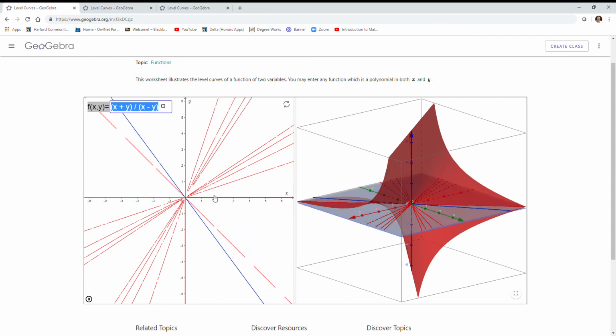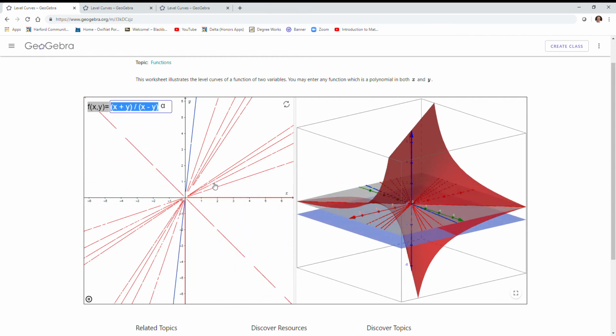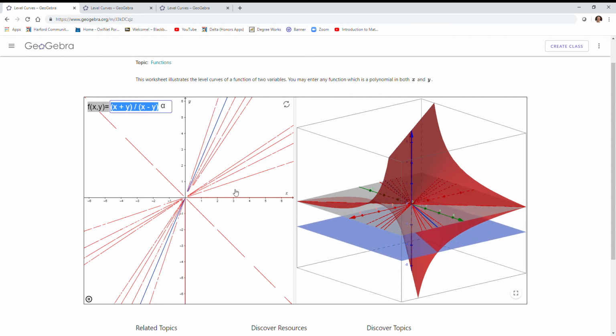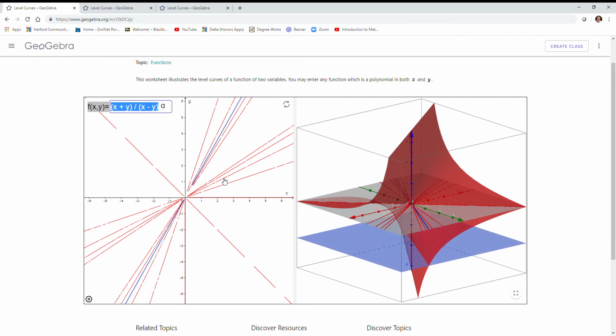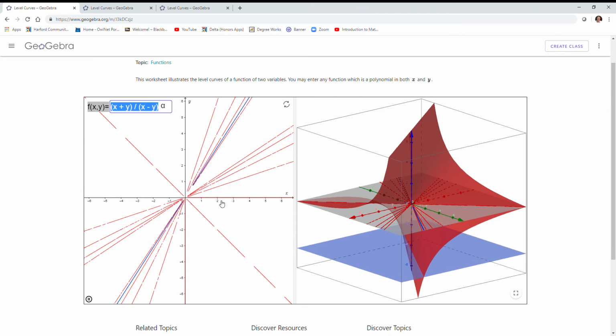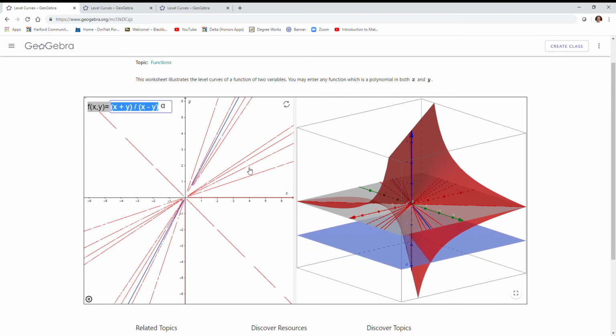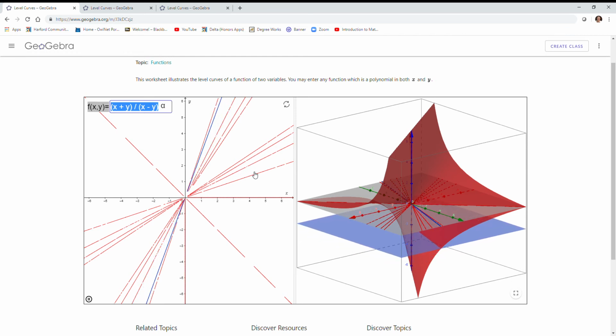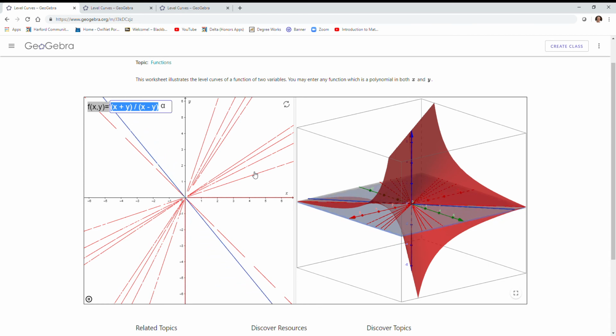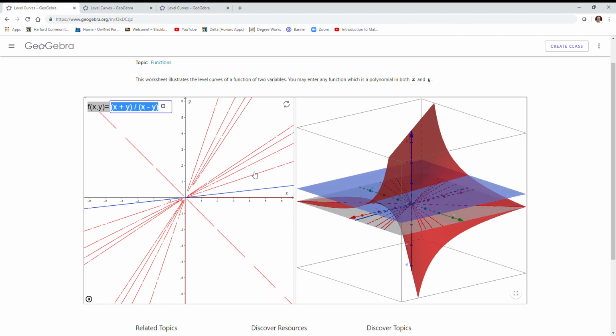And I think those spaces are essentially some of the points where x minus y is 0, in other words, x is equal to y. So there are some domain restrictions on this function, which is why we have some of these breaks. Or it might even be the asymptotic behavior of the three-dimensional function.